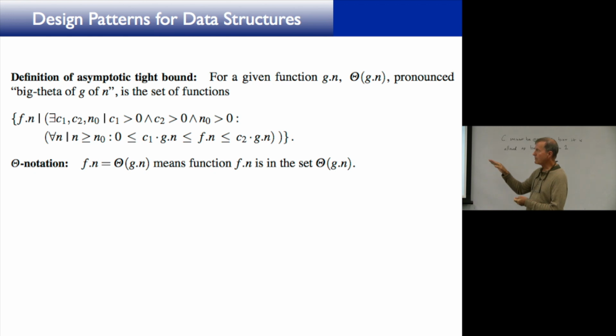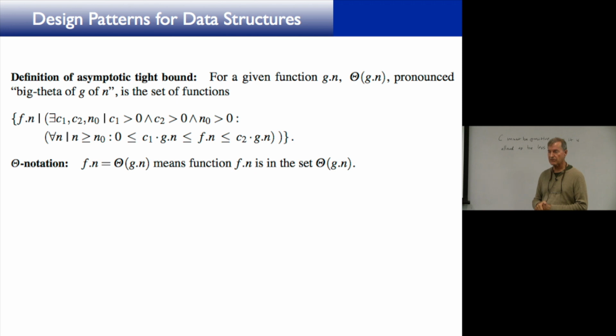So here is the formal definition of big theta. Big O means bounded above, big omega means bounded below, and big theta means bounded both above and below. So it is an asymptotically tight bound.